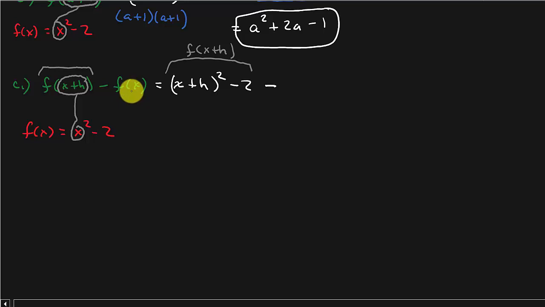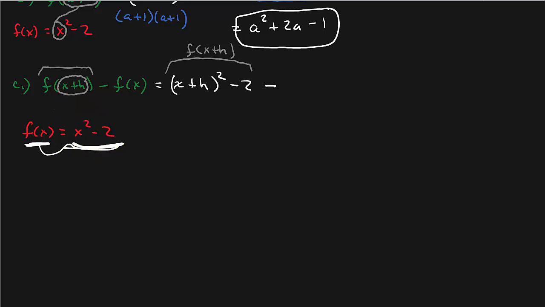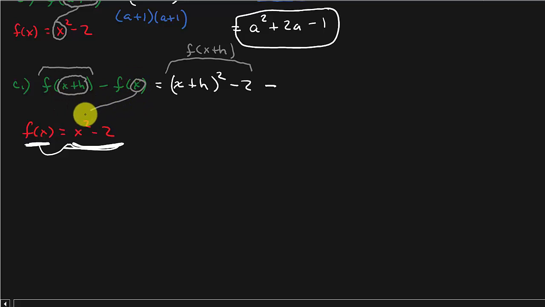Well, what's f of x? It actually just tells us f of x is this. If I just took the x and put it in the place of x, I just get the same thing back. So that's minus x squared minus 2. And this is f of x.